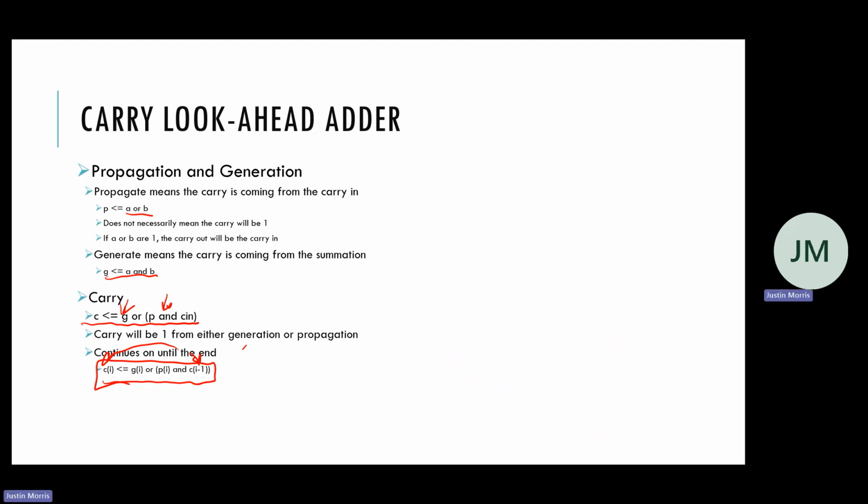All right, we have some time, so let's expand. Let's do the first equation. So carry at bit 0 is A of 0 and B of 0, or A at 0 or B at 0, this whole thing ANDed with CN.